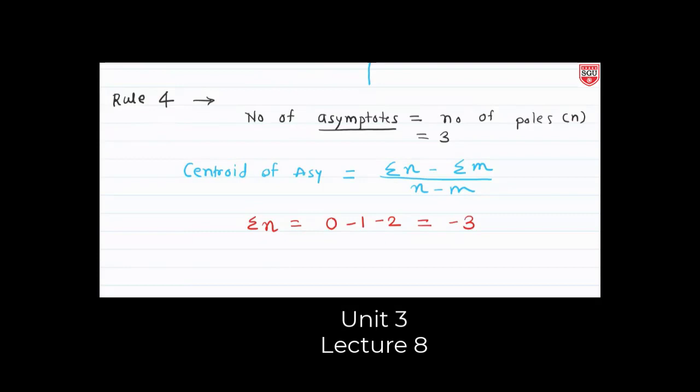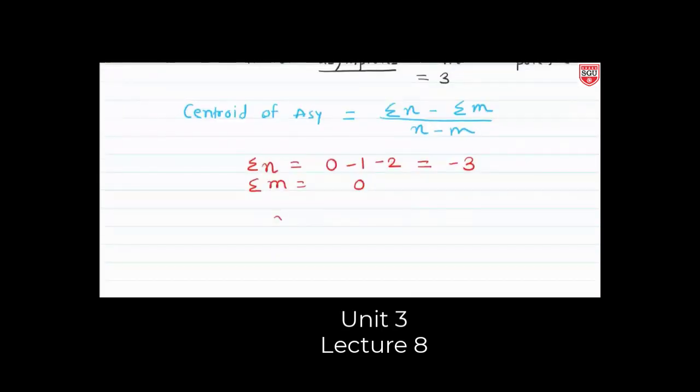And the summation for zeros will be 0 because there are no zeros. So the centroid, denoted by sigma A, will be -3 minus 0 divided by n minus m, n is 3, which is equal to -1.